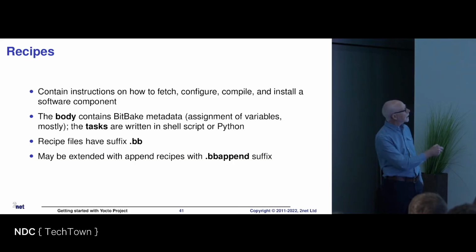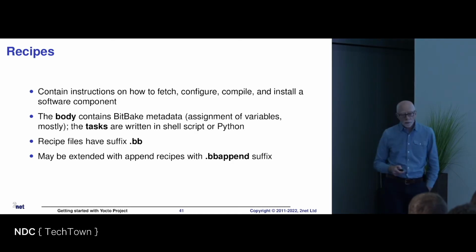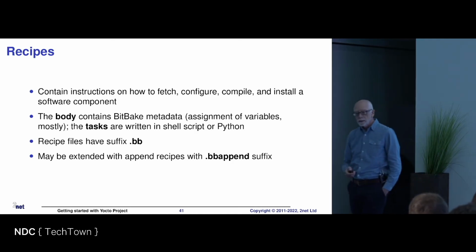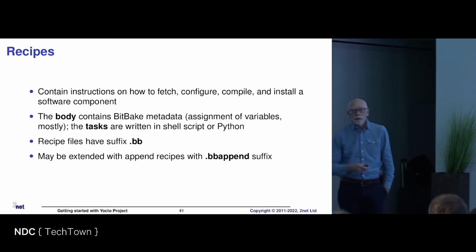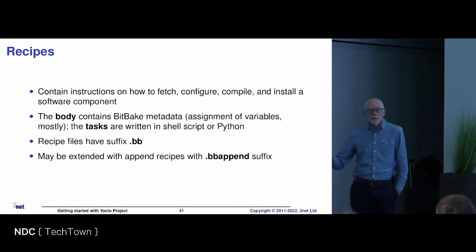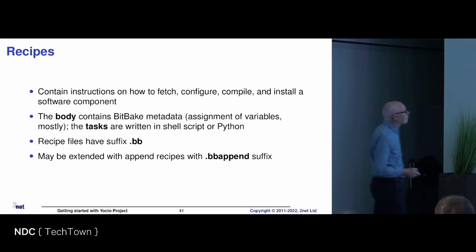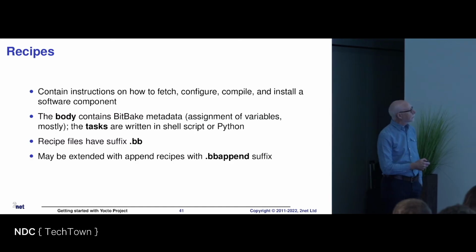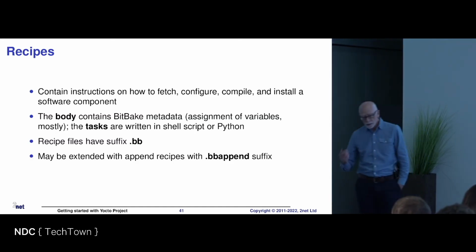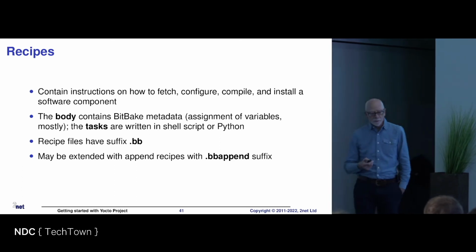So a recipe contains the instructions on how to fetch, configure, compile, and install a software component. So this can be a library, it can be an executable, it can just be a script or a configuration file. It doesn't have to have the compile stage if you don't want to actually compile it. At the base, a recipe is a list of tasks.